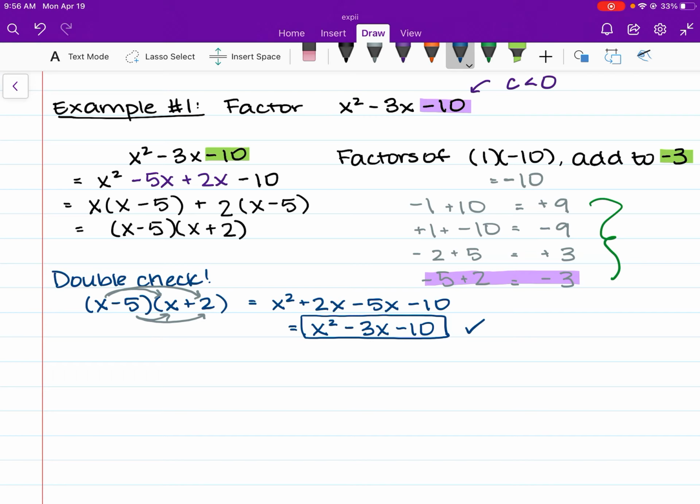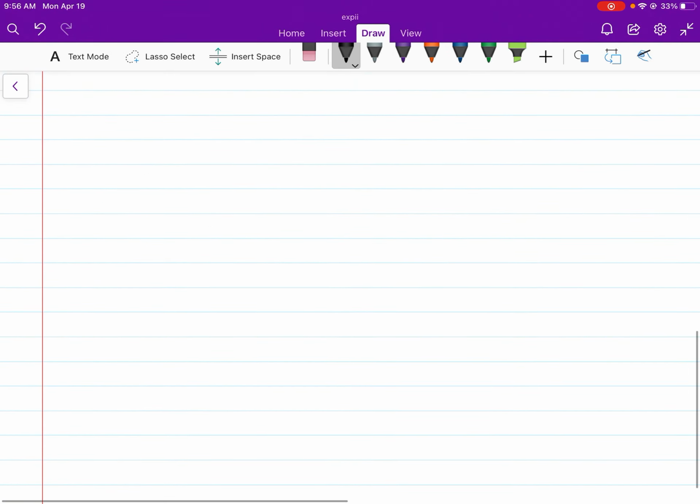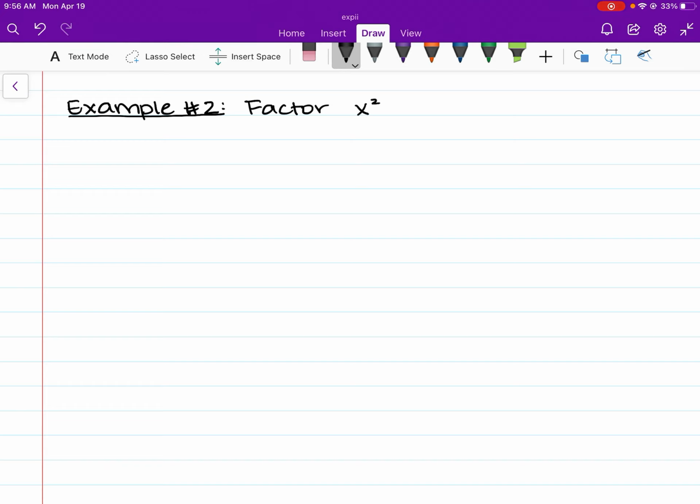Let's do one more example, this time with a positive b value. So let's go down to example number 2. Factor the following quadratic: x² plus 3x minus 18.